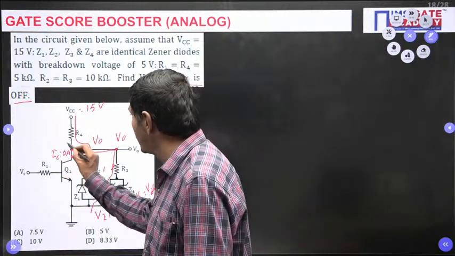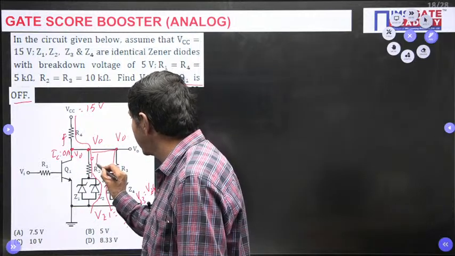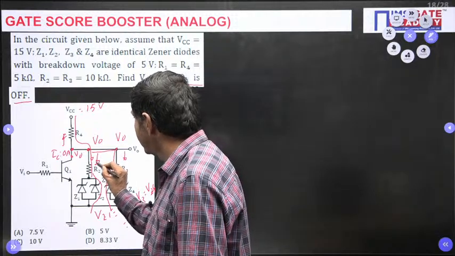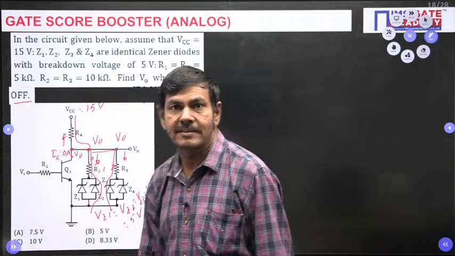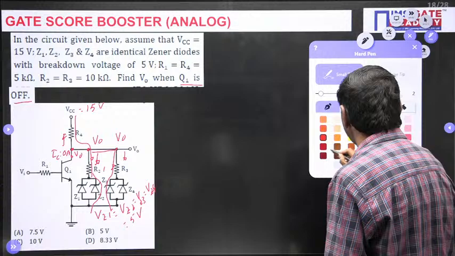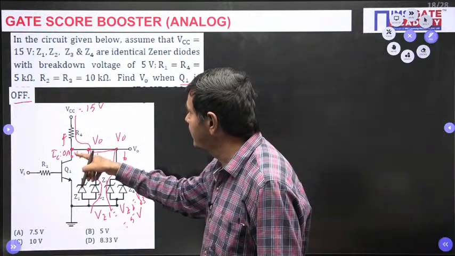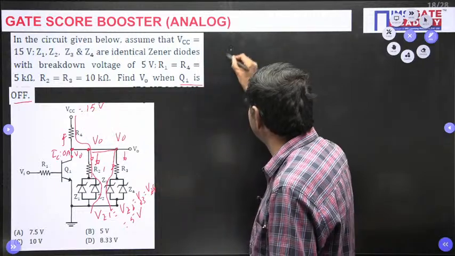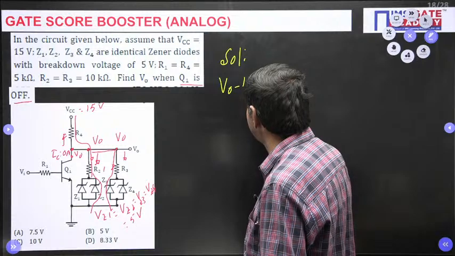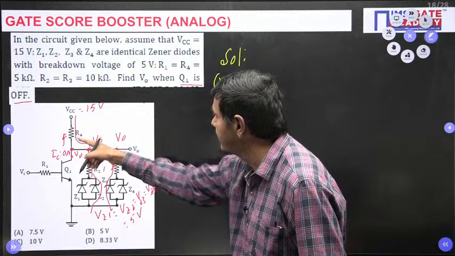Now I will apply the nodal analysis. This current plus this current plus this current equals 0. This side has no current. According to the nodal analysis, I can write this current as (V0 minus 15) divided by R4.